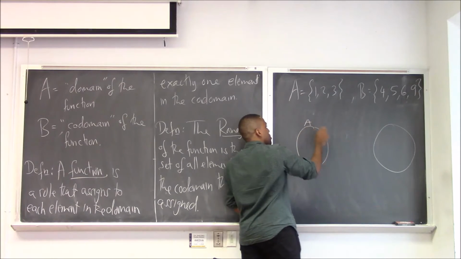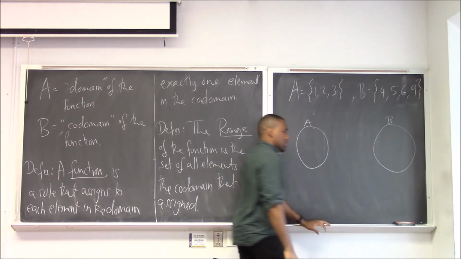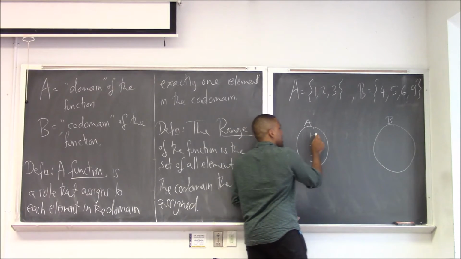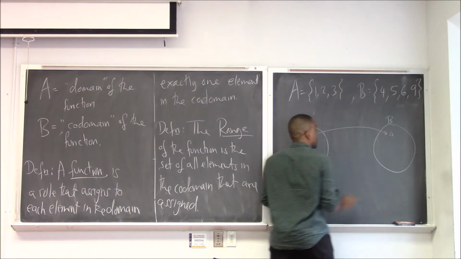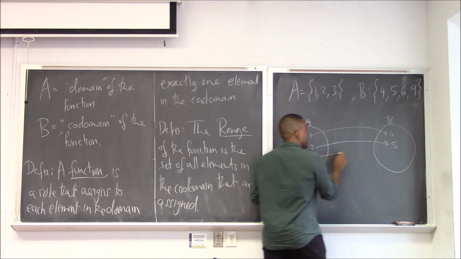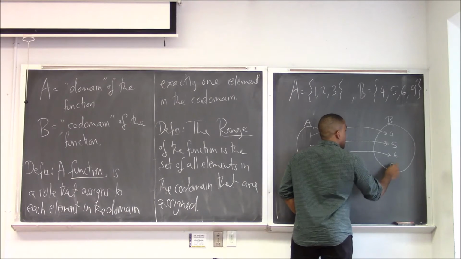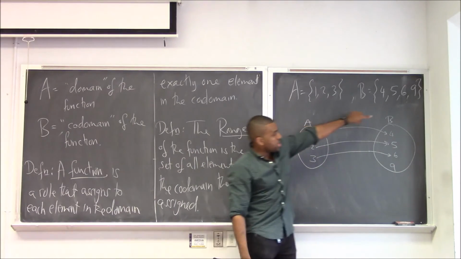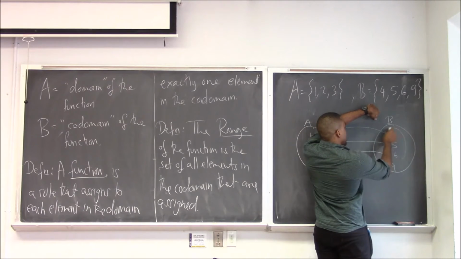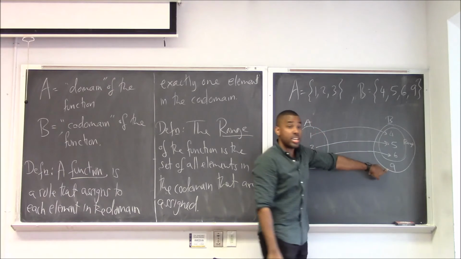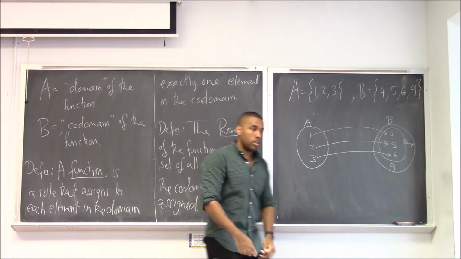This is A, which is the domain, that's B. And let's say I created a rule that takes 1 and assigns it to the number 4. It takes 2, assigns it to the number 5, takes 3, assigns it to the number 6, and the 9 is just hanging out here. A is called the domain, B is called the codomain. These three elements here are the range, right? Notice that 9 is not in the range. Okay?